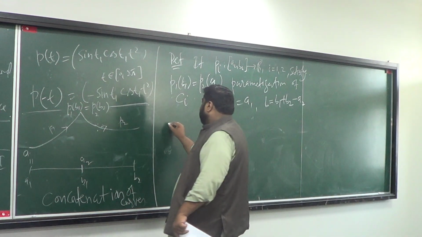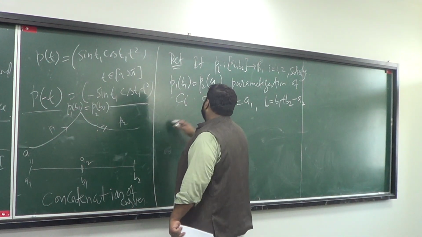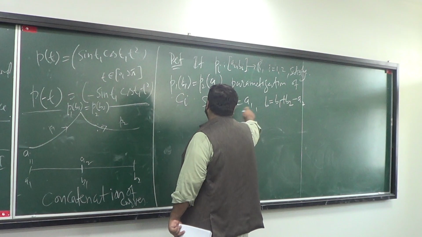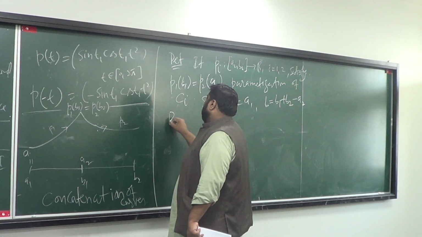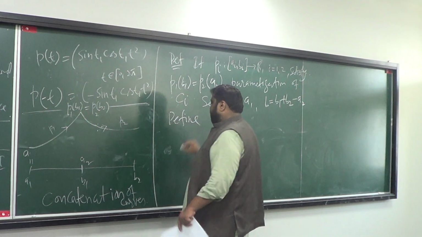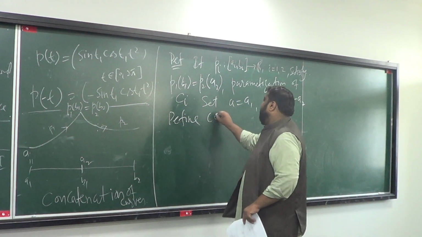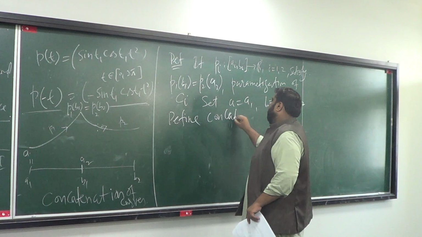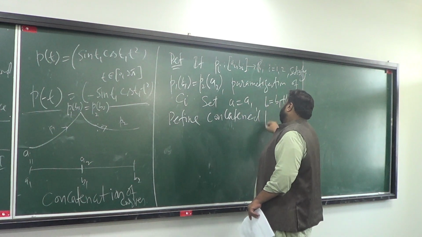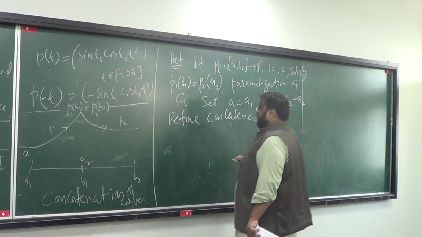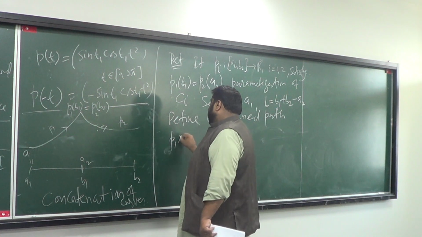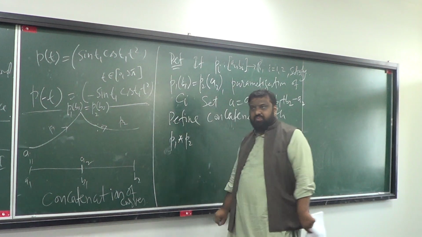Define. So take A to be A1 and B to be this number. Let me define a concatenated path, which I am going to denote by P1 star P2.